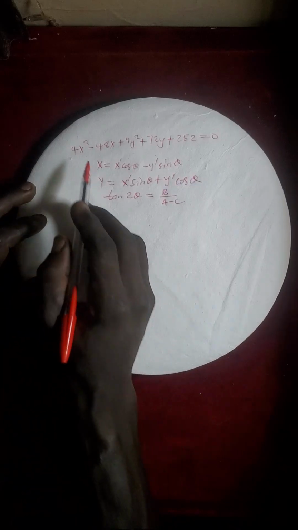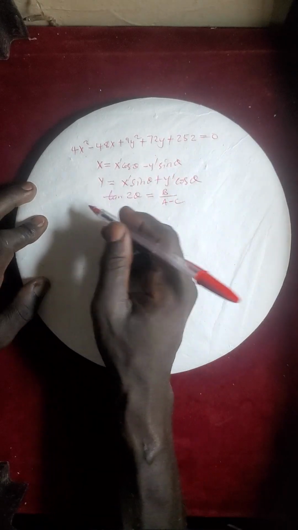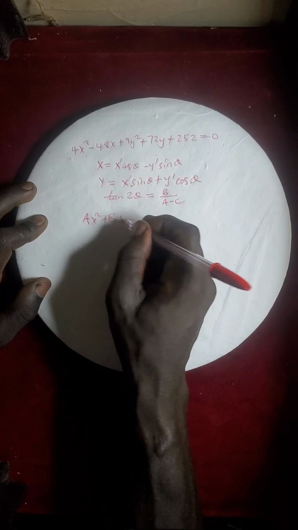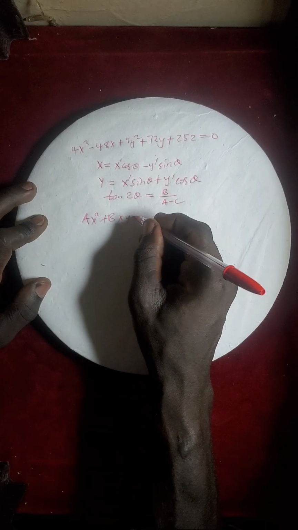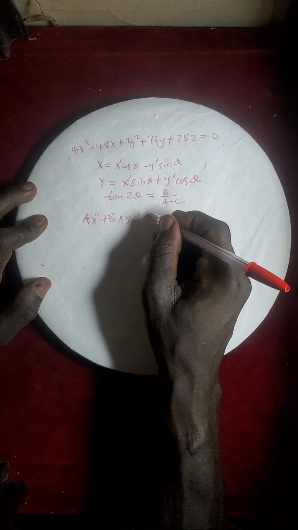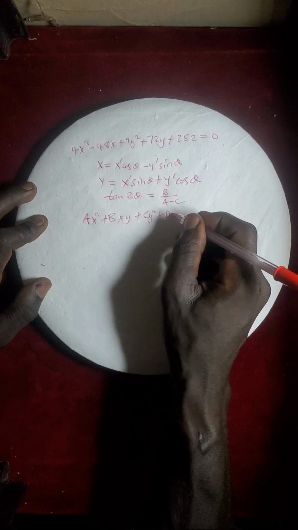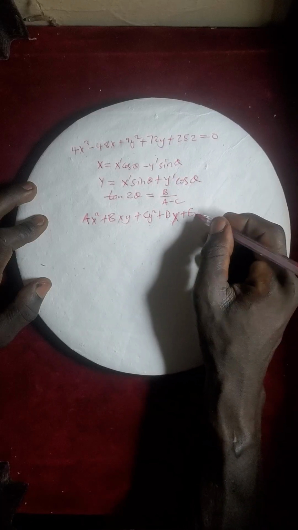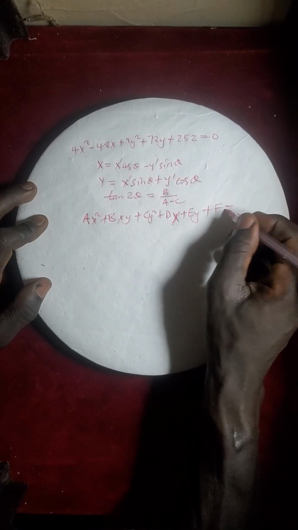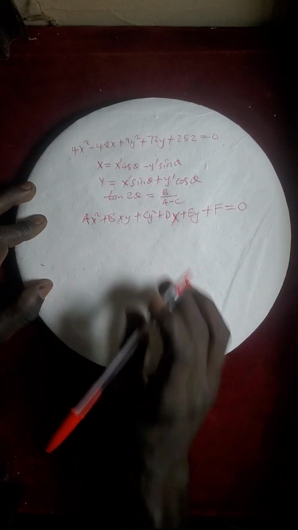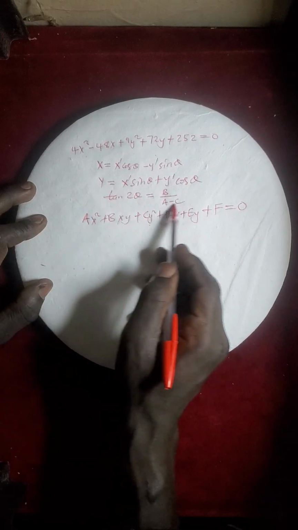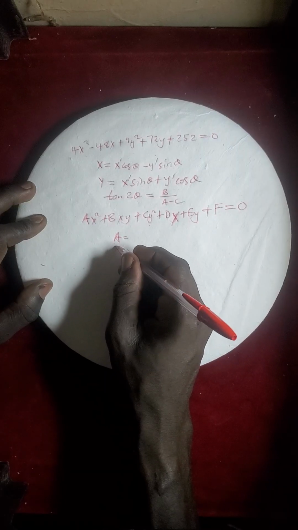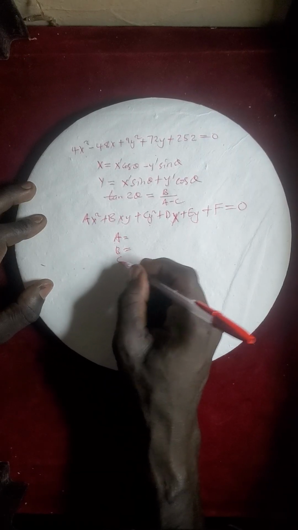We are going to go back to our question and then write our degenerate equation, which is ax squared plus bxy plus cy squared plus dx plus ey plus f equals 0. Then let's identify what is needed to find theta. We need a, we need b, we need c.